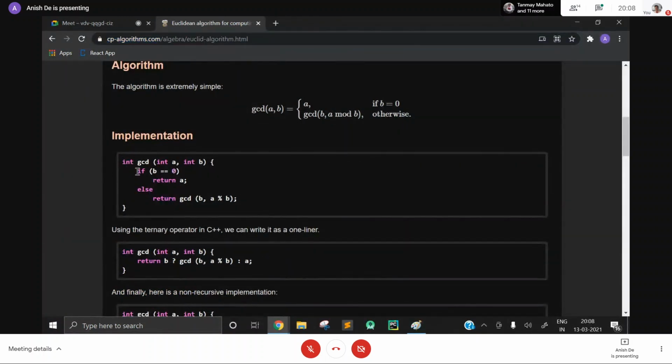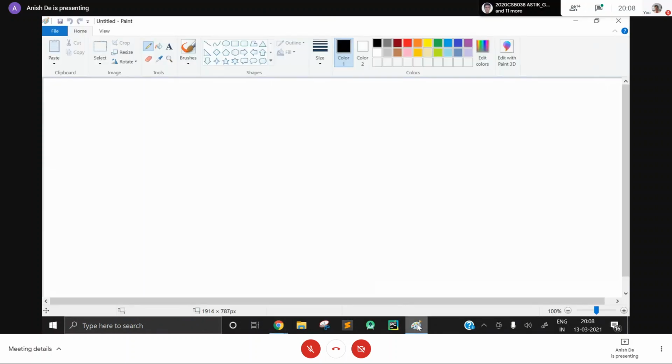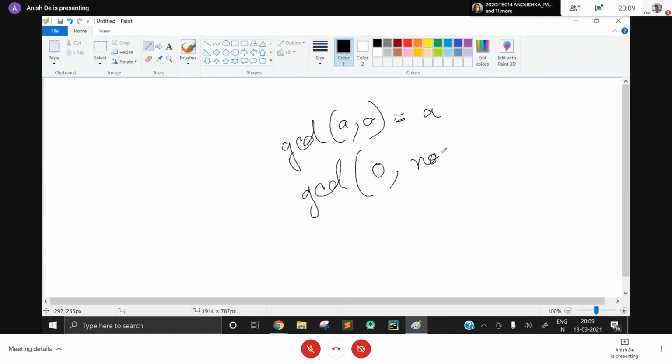This is the base case: if B equals 0, then we can directly return A, because GCD of A comma 0 equals A. In fact, GCD of any number comma 0 equals that number.